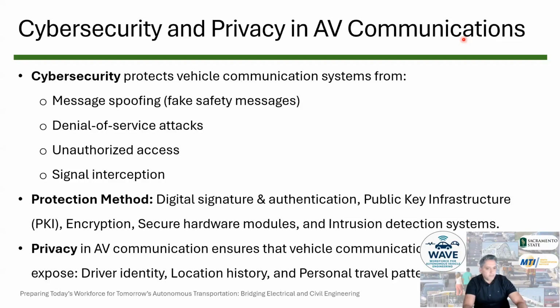But we know that attackers are also intelligent entities, and they can find some way to penetrate the network, and that is why it's an ongoing research area to improve the safety of autonomous vehicles.